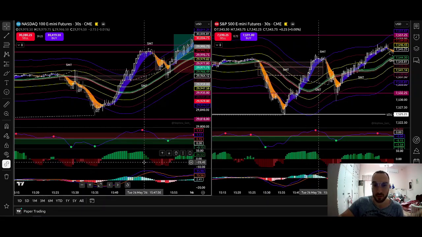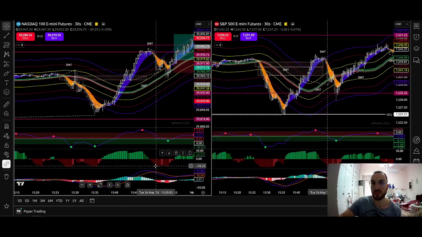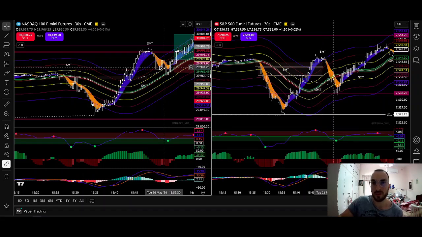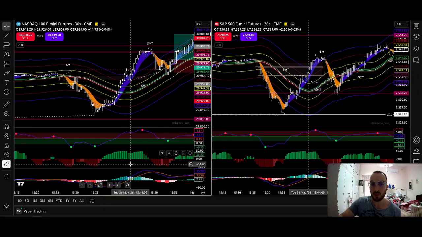Then we get to a point where the buying pressure starts to ease, and we start to make lower highs, and then lower lows with the dark red bars as the price starts to retrace right here. So this gives you a good idea, and this is useful because it shows you the buying pressure. Because if you want the Nasdaq to move either higher or lower, that needs to be driven by pressure on the buy side or the sell side. And this indicator shows you where the buy or sell pressure is.